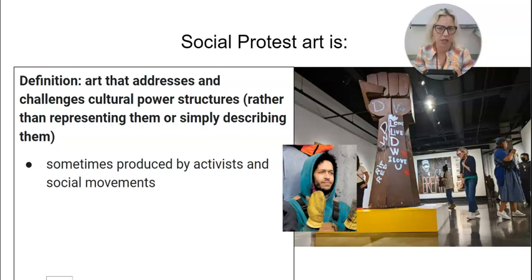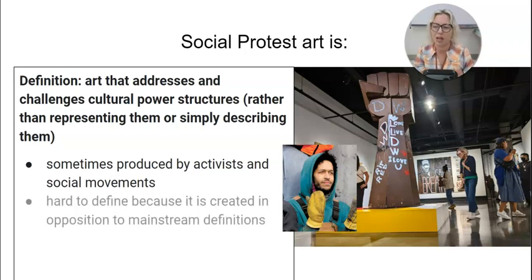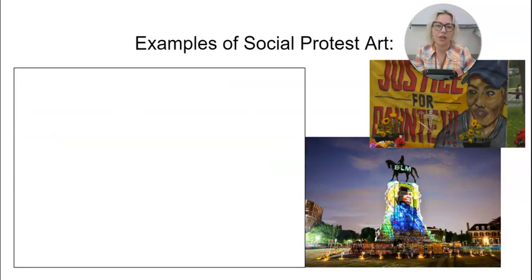So sometimes it's in the middle of an uprising, a social protest, but not always. And sometimes it's hard to define because of this definition, the fact that it's created in opposition to or against mainstream definitions.